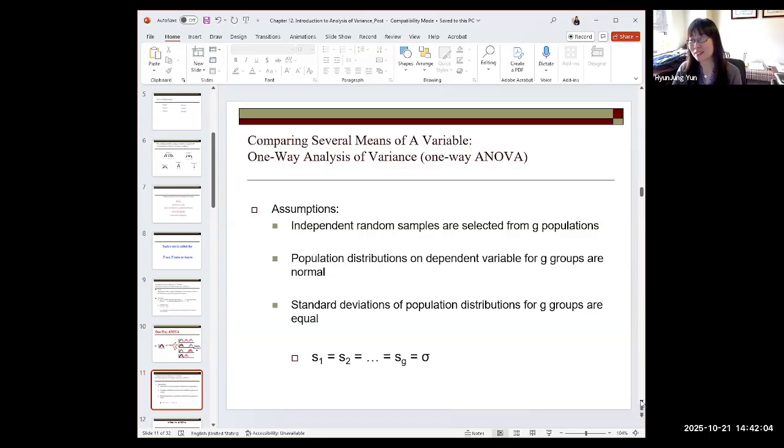Okay? Those are the required assumptions. Again, do not memorize. It's common sense. Normally distributed dependent variables give good, representative numbers to compare. And then we want to make sure the variabilities are similar across the different groups.